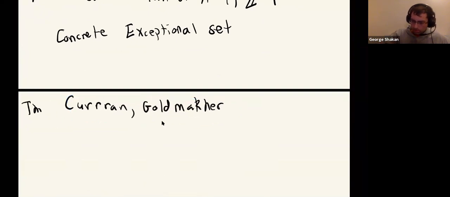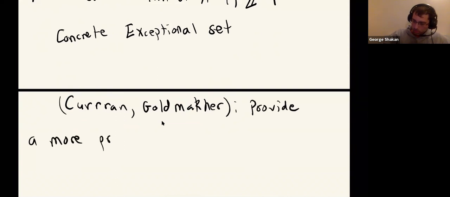So it's a theorem. Okay, I see. I didn't want to say it. They provide a more precise bound in a couple of cases. I'll just mention one.